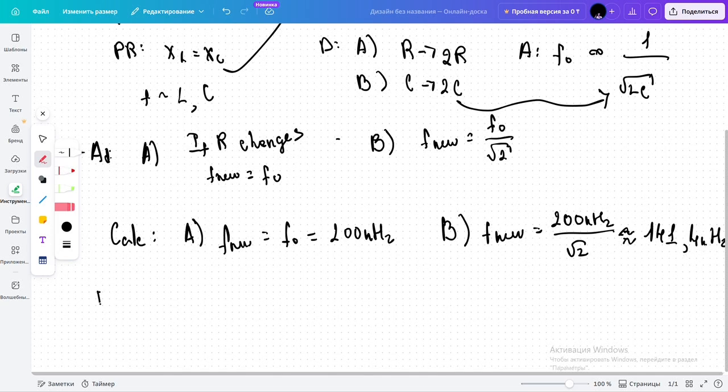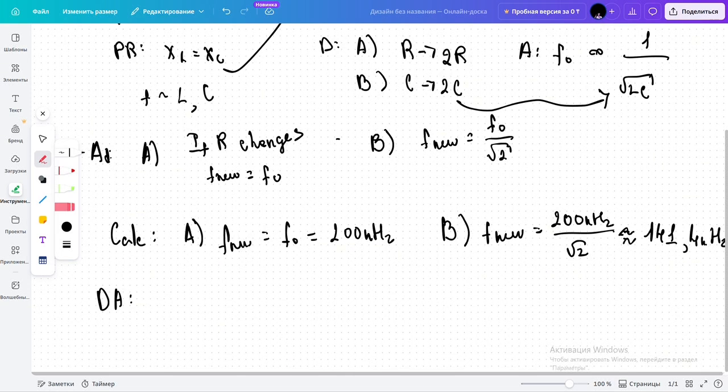The last step is data analysis. I'll show the circuit in Falstad, where I built an RLC circuit. If we double the resistance, the peak stays the same.